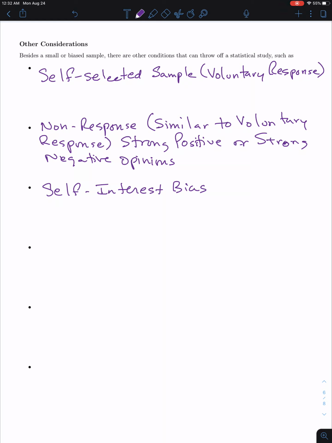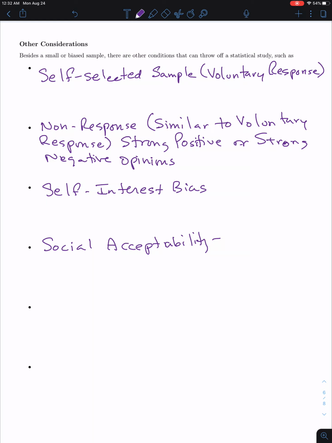Another possibility is what's called social acceptability. With social acceptability, these are usually surveys about hot button things.